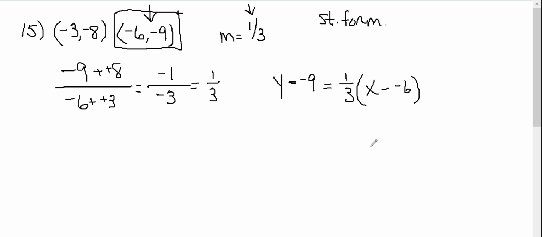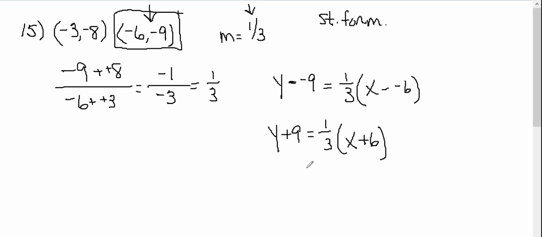All right, let's go ahead and simplify this. And we're going to simplify this now as y plus 9 equals 1 over 3 times x plus 6. Okay, I'm just simplifying this a little bit, getting rid of these double negatives so I understand and stay on top of what's going on.